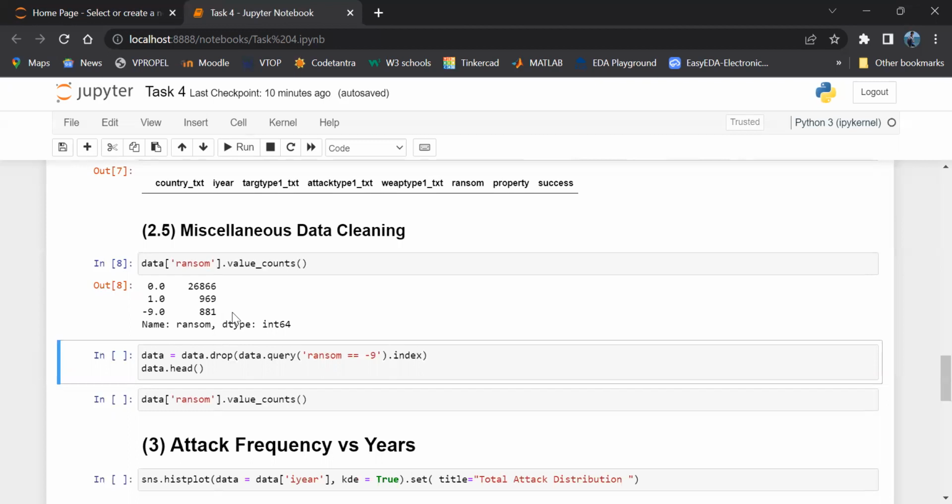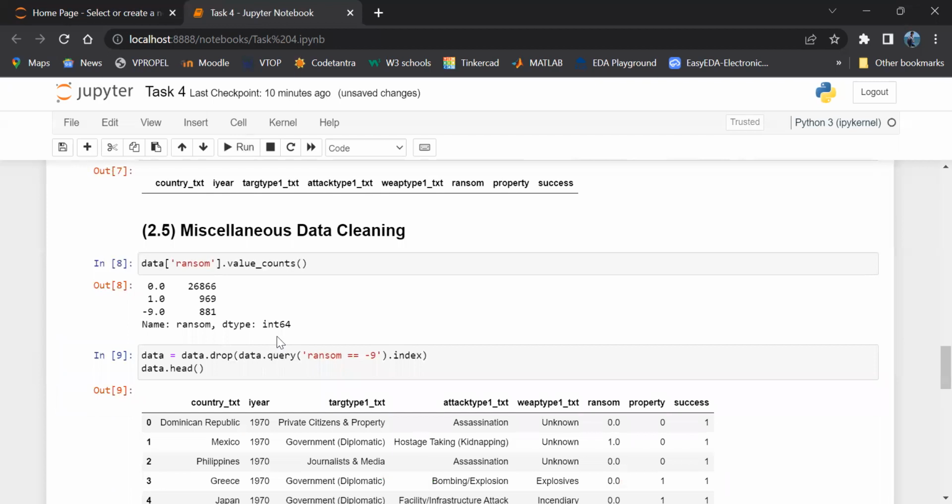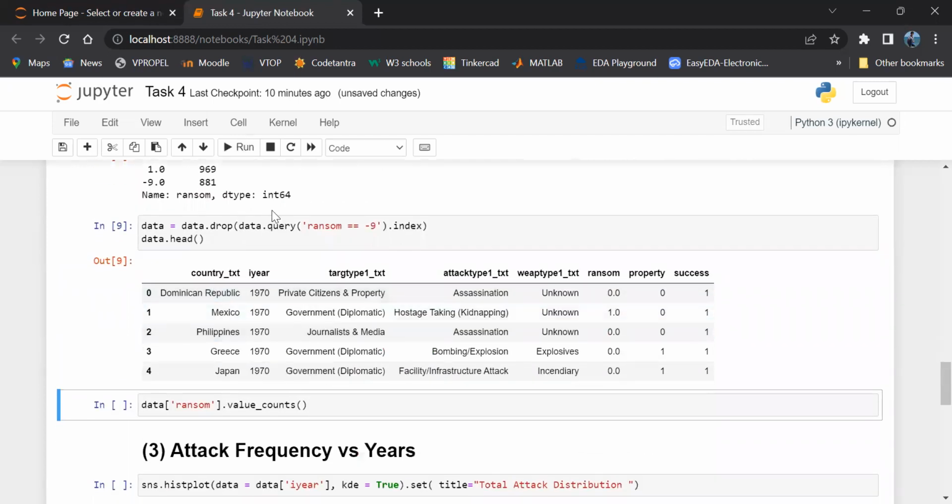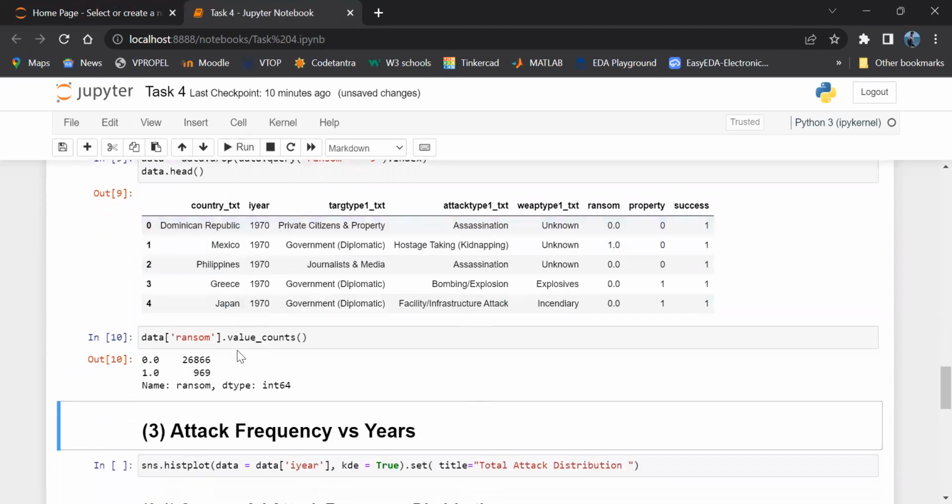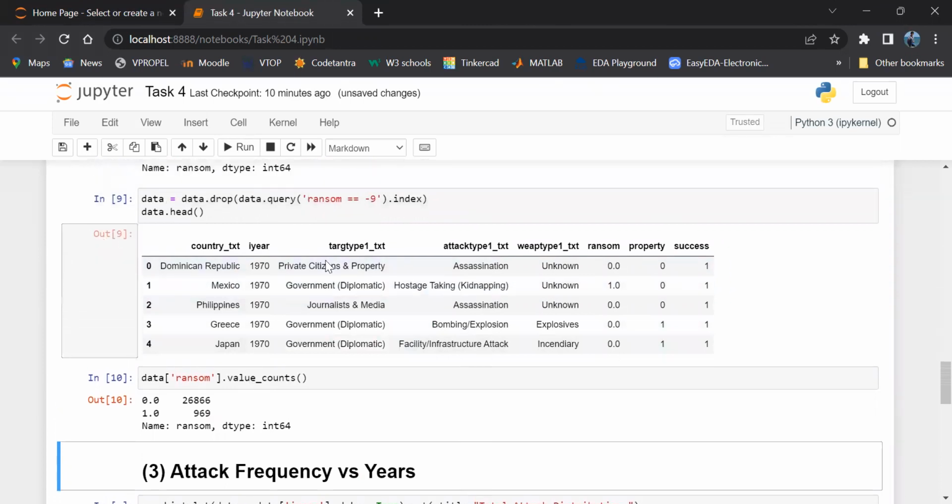So let's remove all the rows which have -9 in it. As you can see here, there's no -9 left, which means that the -9 ransom values, which are invalid data, have been removed.